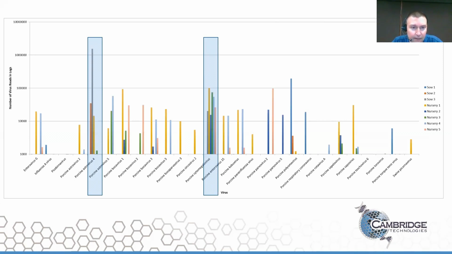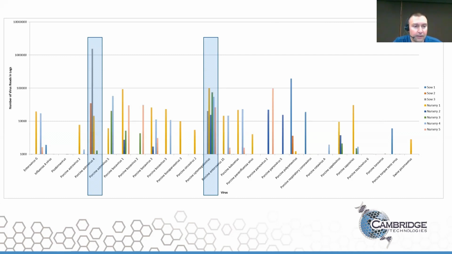There are 2 of them that I highlight, porcine astrovirus 4 and porcine cytomegalovirus. These are the 2 viruses that we found most consistently at the various sites, as well as present at the highest titers. And basically, we infer titer based on the number of reads that we get from a virus.